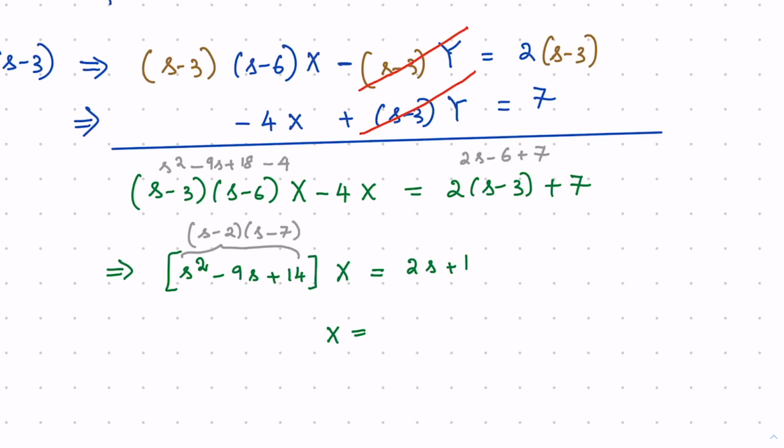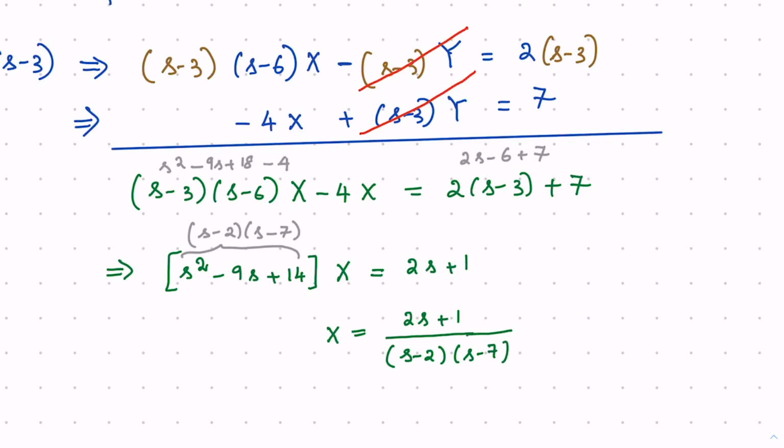And so this can be written as 2s, I'm just going to write it down individually so it's easier to see, divided by s minus 2 times s minus 7.